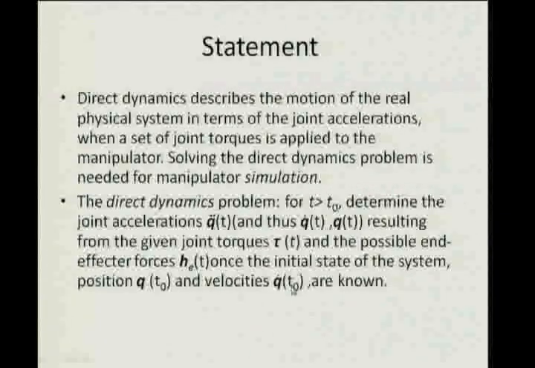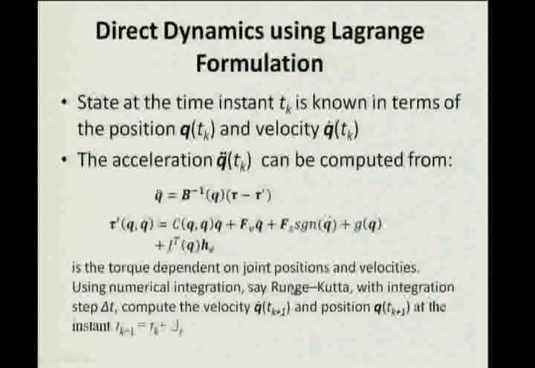I know that when I am starting. So, I know this at some instant, so I can calculate this matrix T prime. So, I can subtract it from the torques which I applied, because I know torque as a function of time which is being applied. I can form this, and then I have calculated the B matrix, which is just a function of q, which is known. So, I get an estimate of q double dot.